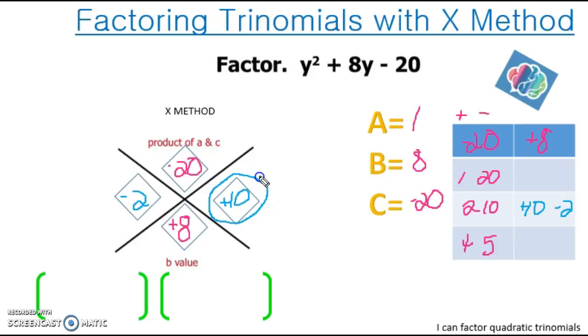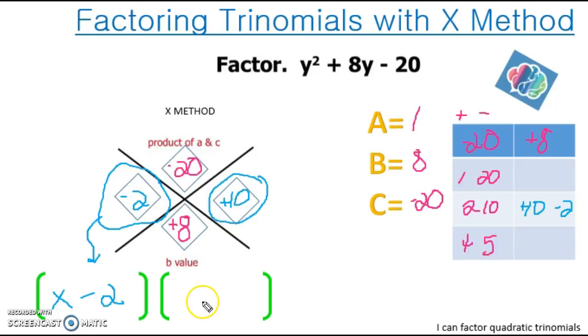Well, we are actually now done. Because the a value is 1, we now know what our factors are. Since the a value was 1, that's the coefficient in front of our x, so it's 1x. Negative 2 is our first one, so that's the second term in our first binomial: x minus 2.